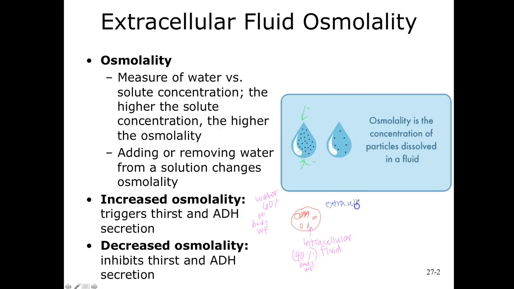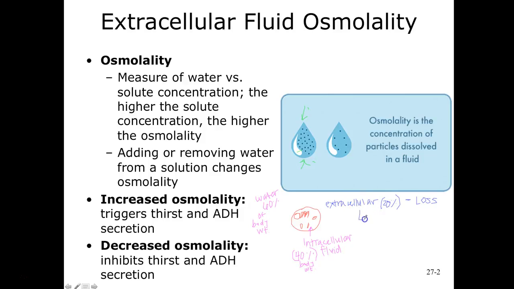Extracellular is the remaining 20% of our full 60% water from our body weight, so it would also make up that 1/3 of our total body fluid. And by the way, this is the area that is prone to loss. If we're losing water, it's almost always coming extracellularly.